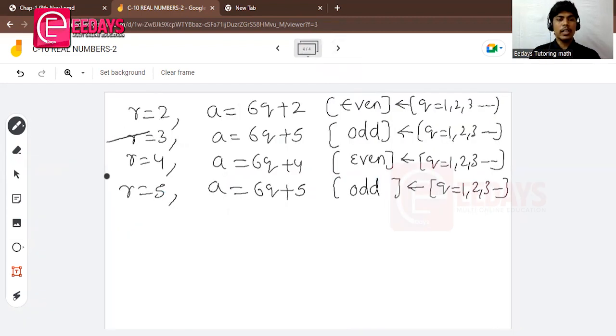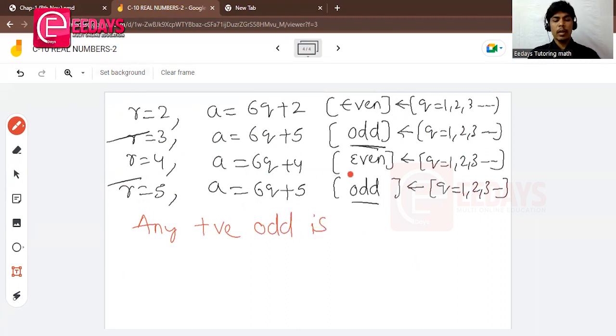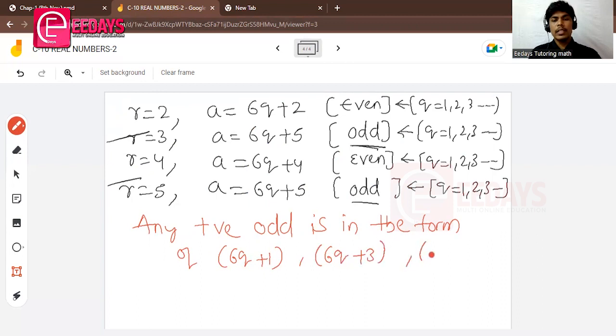So we can conclude that any positive odd integer is in the form of 6q plus 1, 6q plus 3, and 6q plus 5. Okay, you can prove it like this.